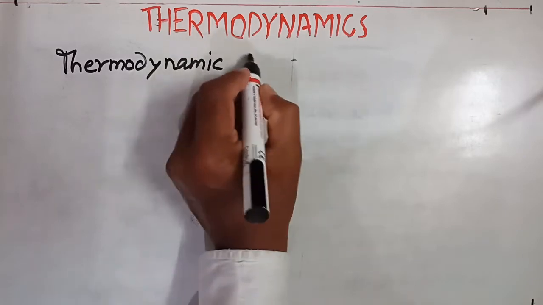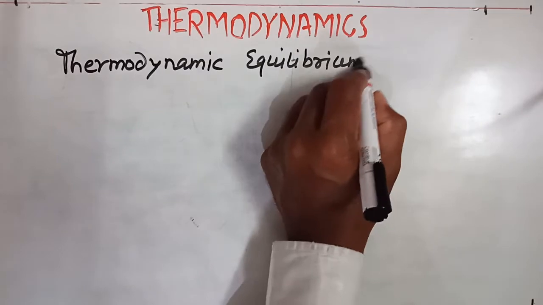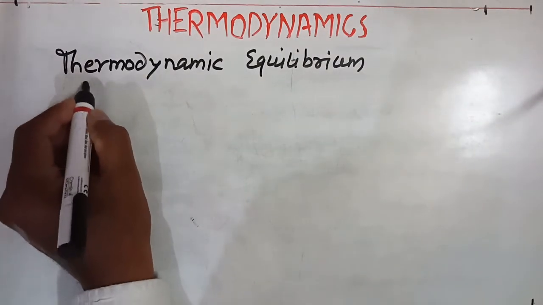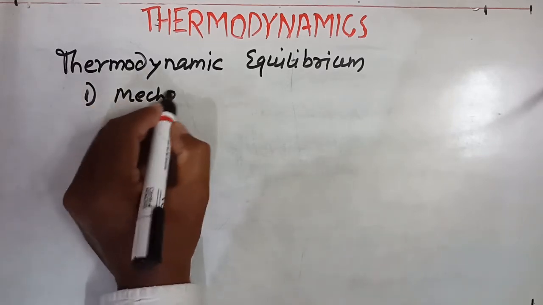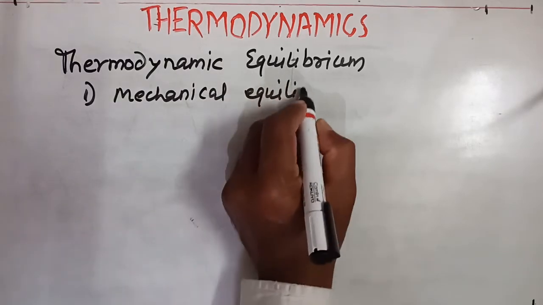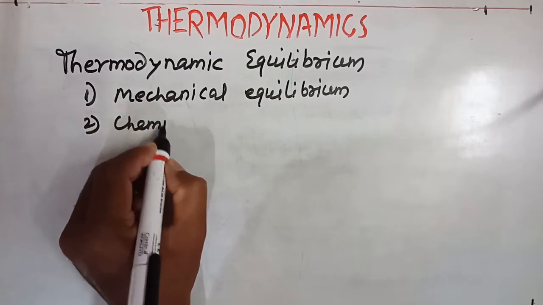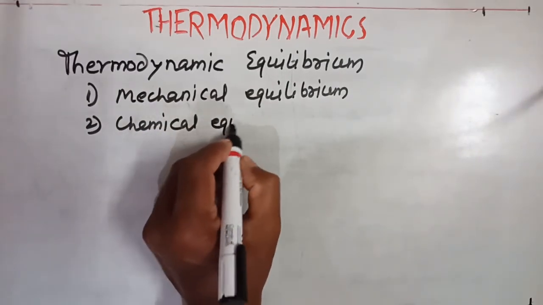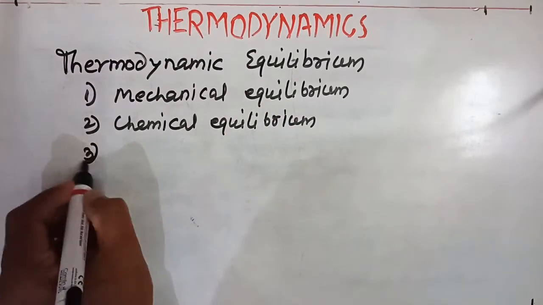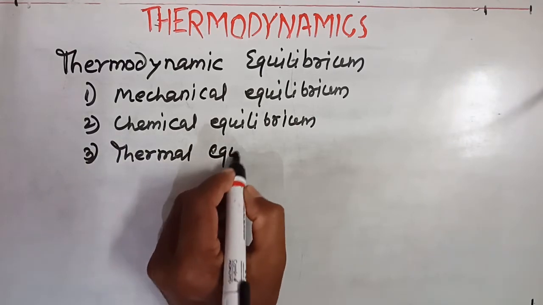Thermodynamic equilibrium. A system is said to be in thermodynamic equilibrium if it is simultaneously in mechanical equilibrium, chemical equilibrium, and thermal equilibrium.